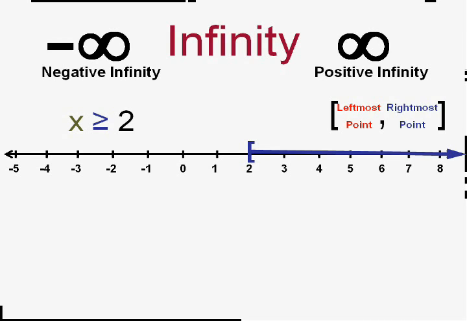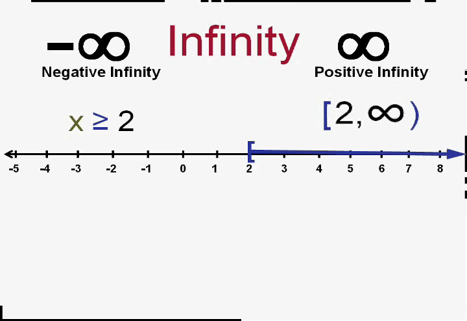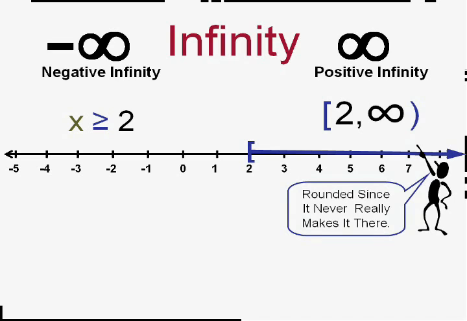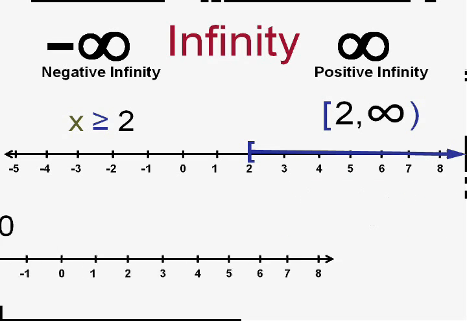And we're thinking we never can really make it to infinity, so it's not going to be an equal sign. So anytime you use infinity, you're going to use a rounded parenthesis. So the interval notation that represents this picture is a squared-off bracket for 2 and a rounded bracket for +infinity. Remember, with infinity, we round it since we never really make it there.